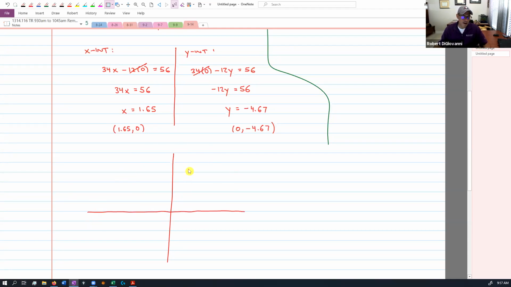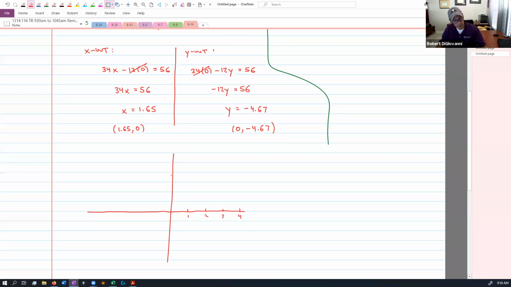Before I start drawing my graph, I always look to see how big these numbers are. I don't want to make it that small, because the biggest x value, my x value for my x-intercept, is 1.65, and my y value here is negative 4.67. So as long as my window can cover left and right 5, up and down 5, we should be okay. So I'm going to say 1, 2, 3, 4.